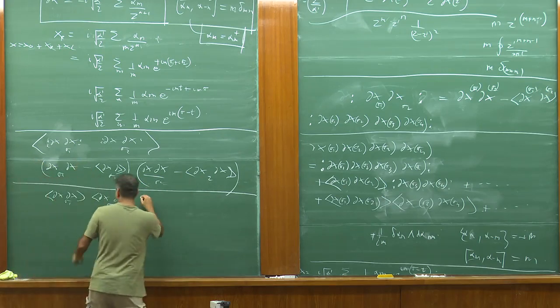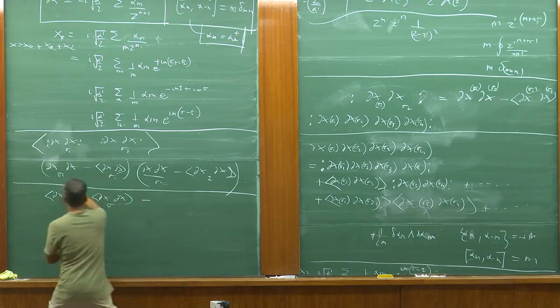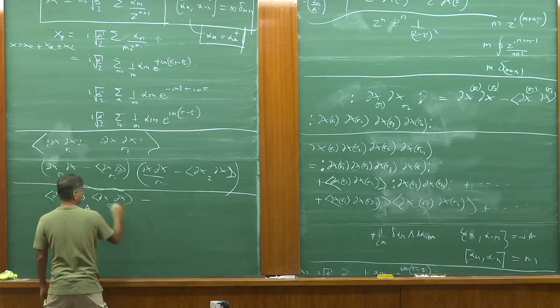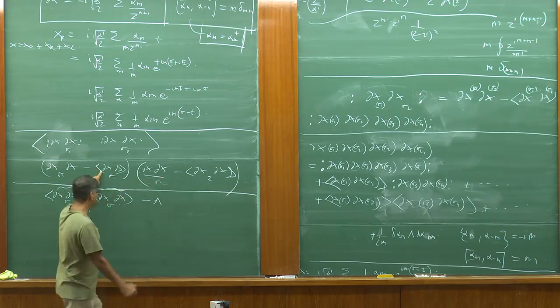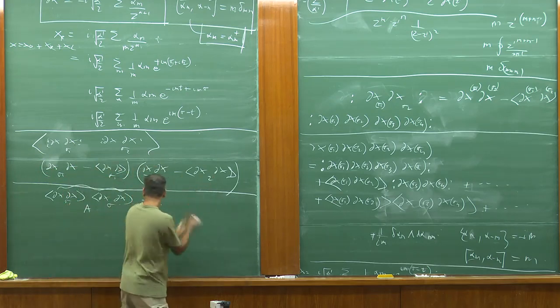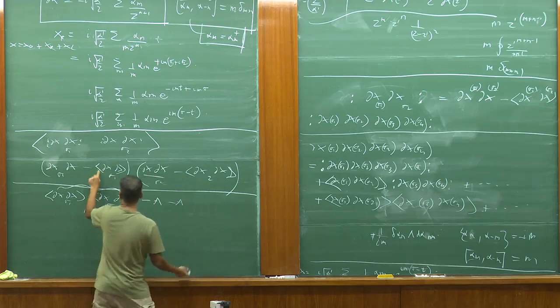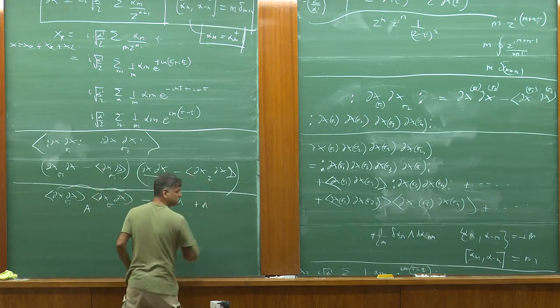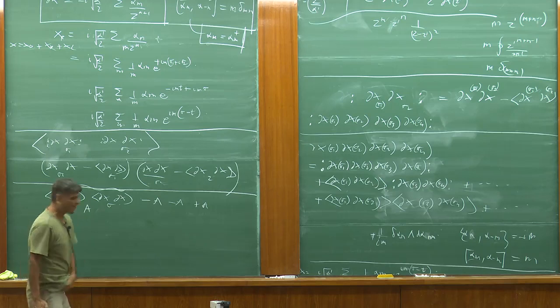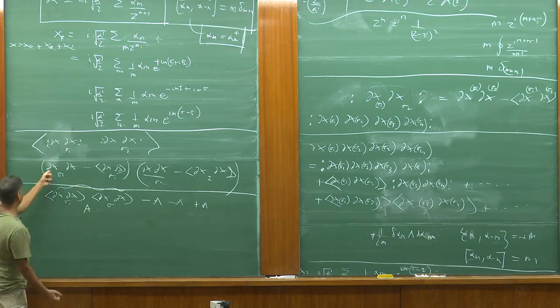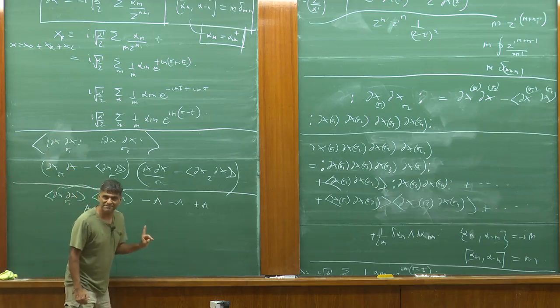So we would get minus, let's call this whole thing A, minus A from here. From this guy, we would get minus A. And then from this guy, we would get plus A. Okay? So the terms involving direct contraction of this with this all just cancel out against each other.